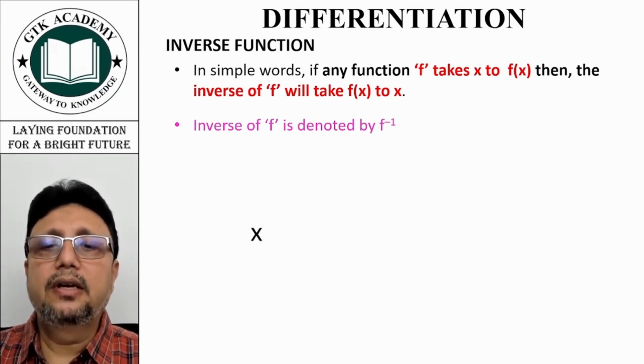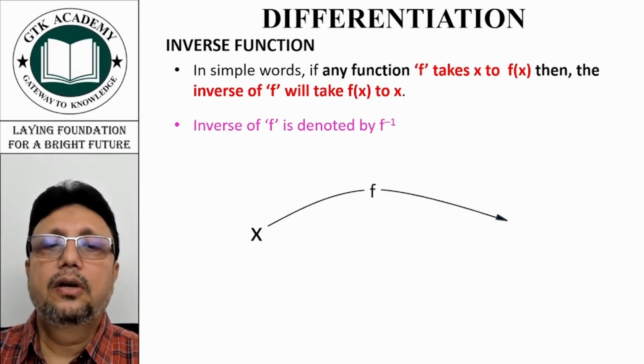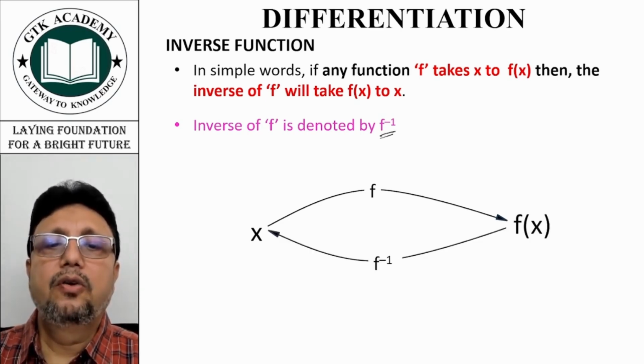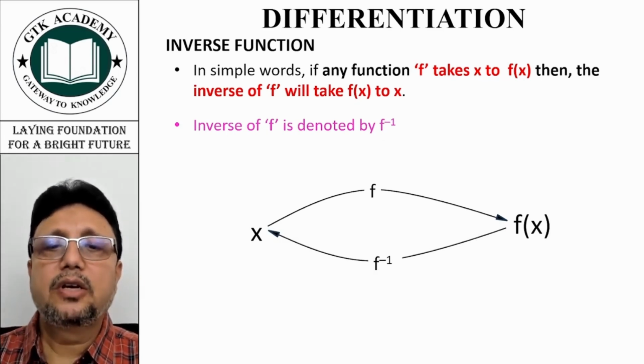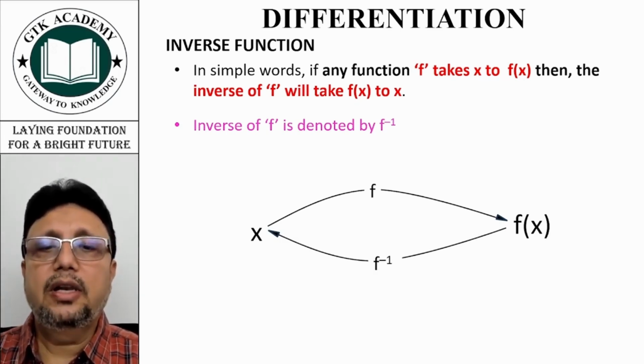So if the function takes x and makes it f(x), then the inverse function, which is f inverse, will again take it back to x. That is the basic concept which we have shortly discussed.